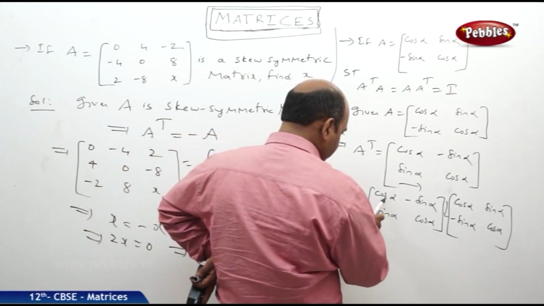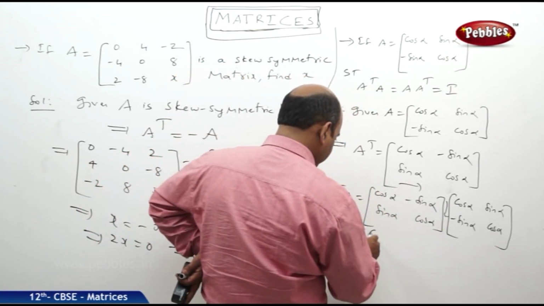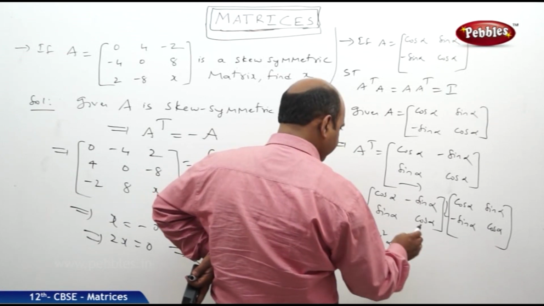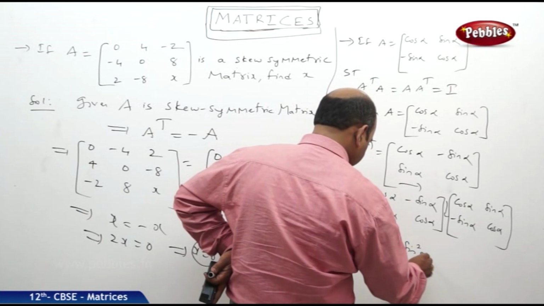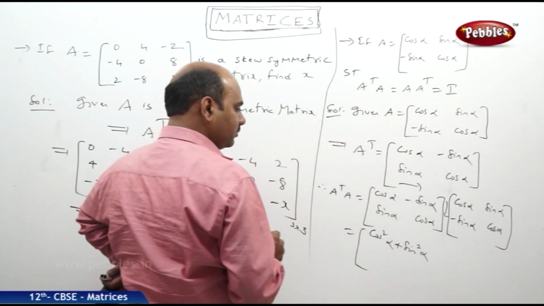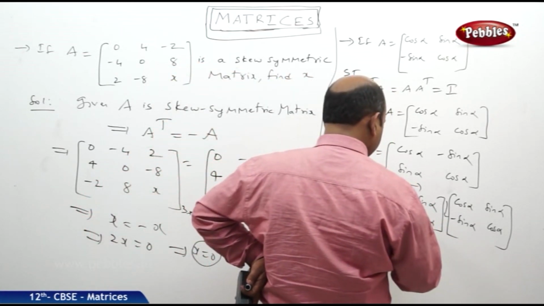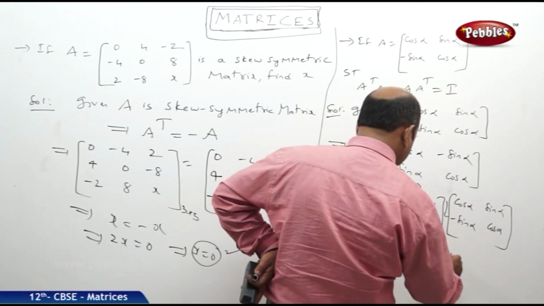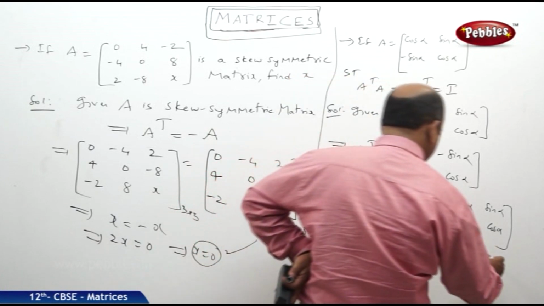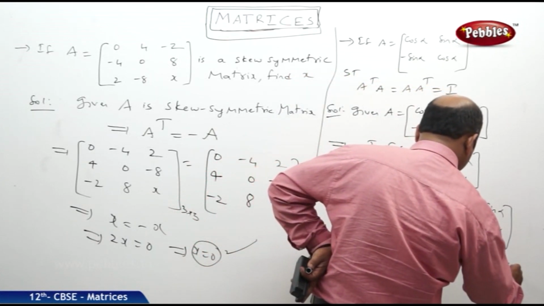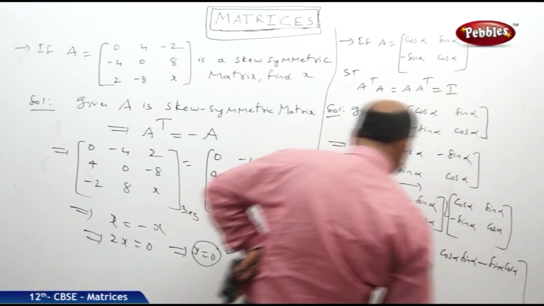We shall see cos alpha into cos alpha, cos square alpha, and here minus minus becomes plus, so we will get sin square alpha. Similarly, cos alpha sin alpha minus sin alpha cos alpha.